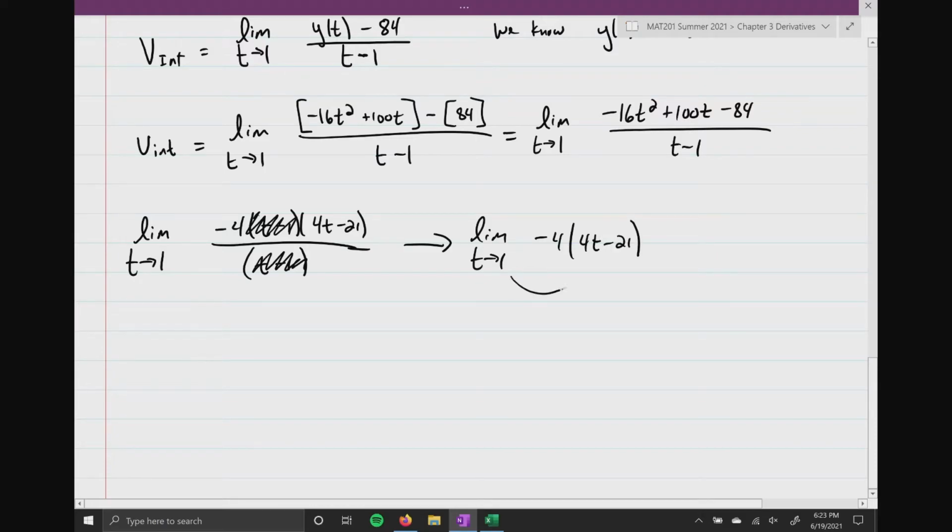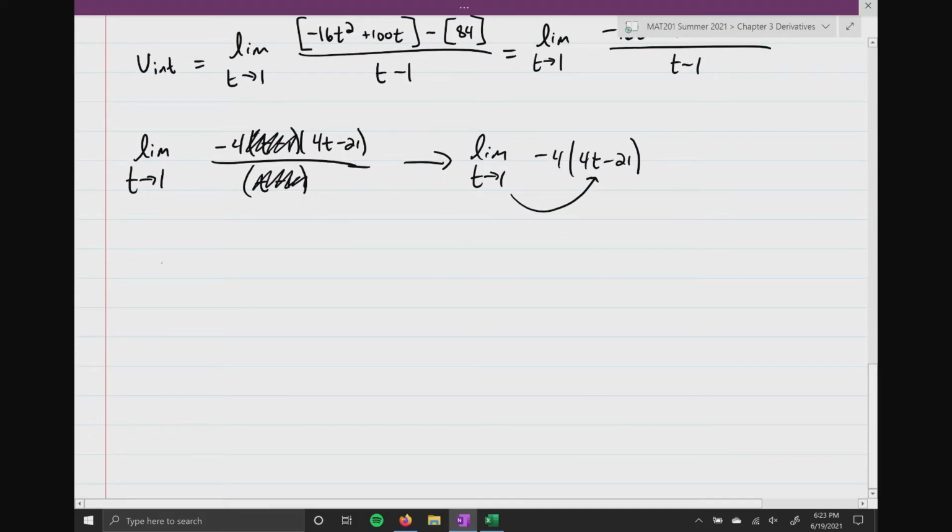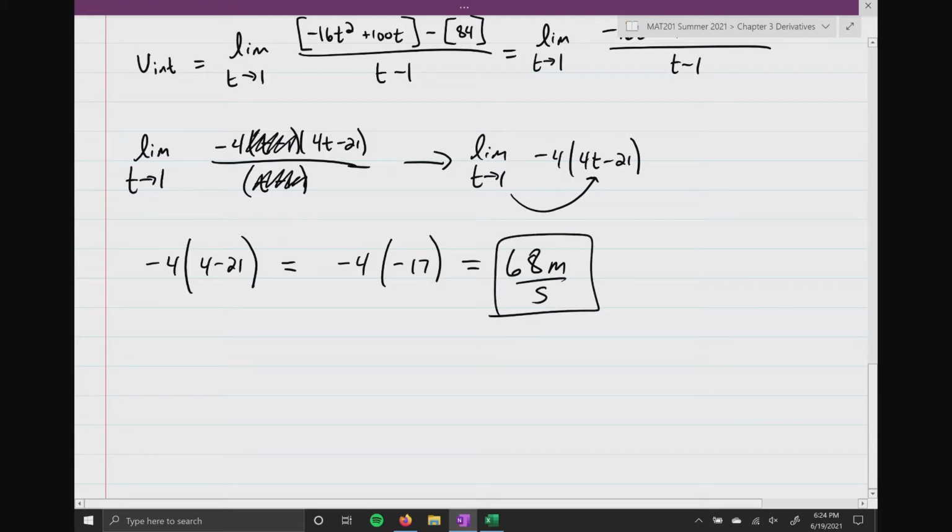And now I can go ahead and make my substitution. So this is going to give me negative 4 times 4 minus 21. 4 minus 21 is going to be negative 17. And then negative 4 times negative 17 is positive 68 meters per second.